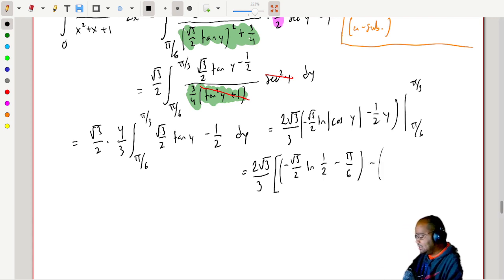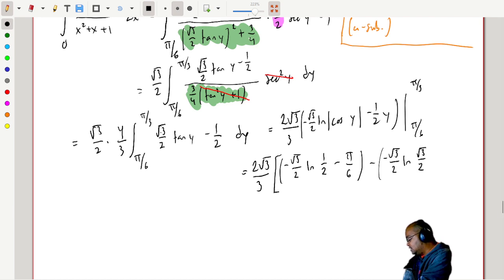And then minus, we do the same thing, but this time with pi over 6. So minus square root of 3 over 2 times log of the cosine of pi over 6. Well, that is square root of 3 over 2. Unit circle once again. And then when I plug in pi over 6 for y in the second bit, I get a pi over 12.